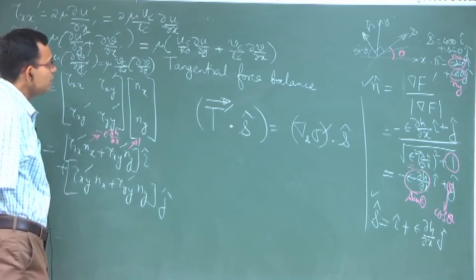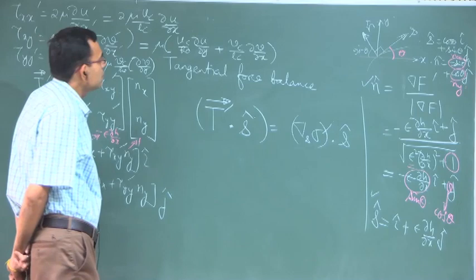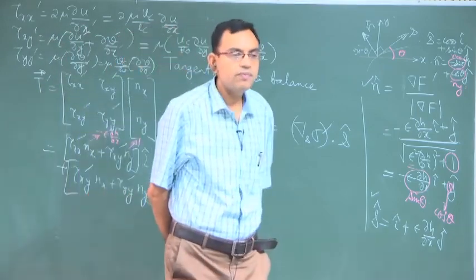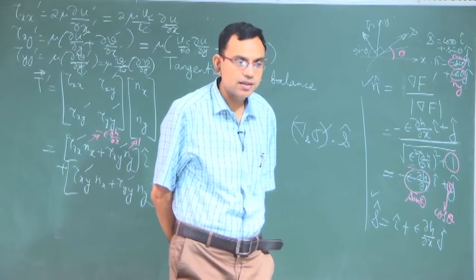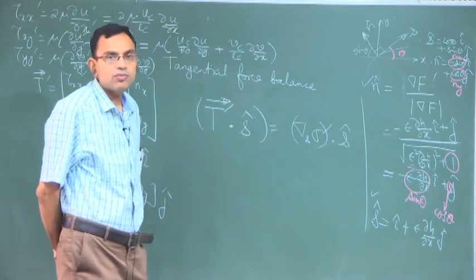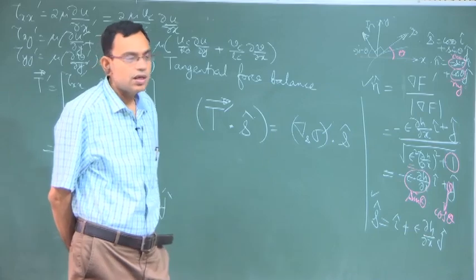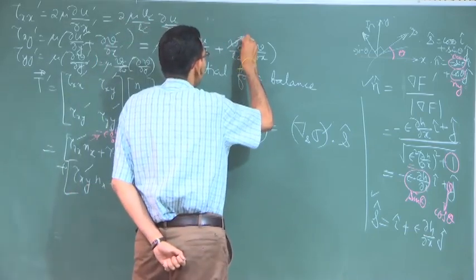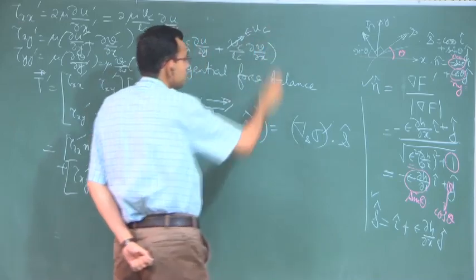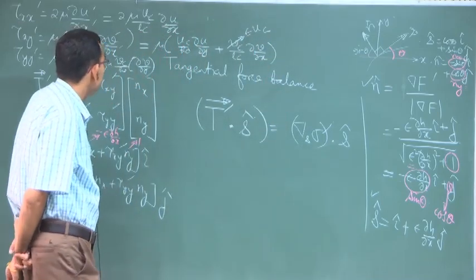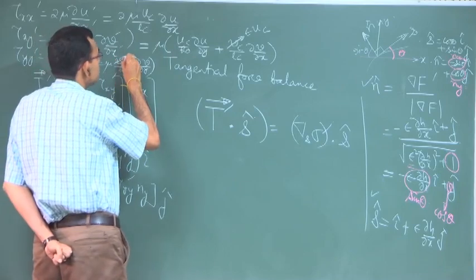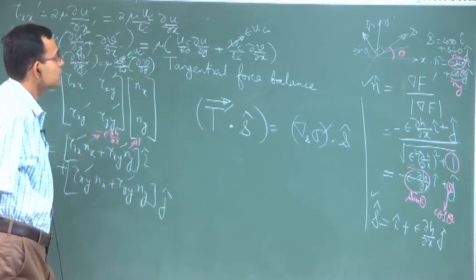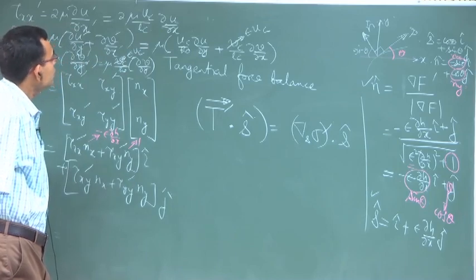So, clearly all these terms will have a coefficient which is of the form of some velocity by some length, because we already do not know which is what. We definitely know that Vc is of the order of epsilon uc, that much we know.